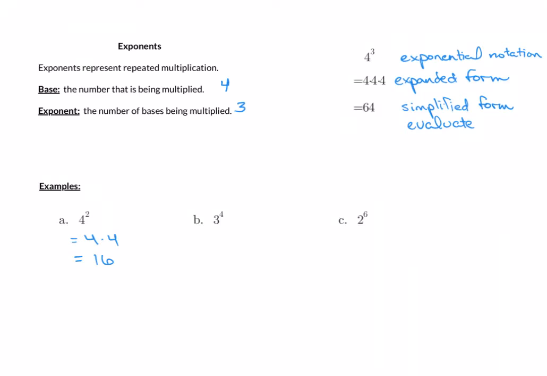Example B, if we write this in expanded form, this is 4 3's being multiplied together. I'm going to multiply in pairs. 3 times 3 is 9. 3 times 3 is still 9. And if we simplify this, we get 81.